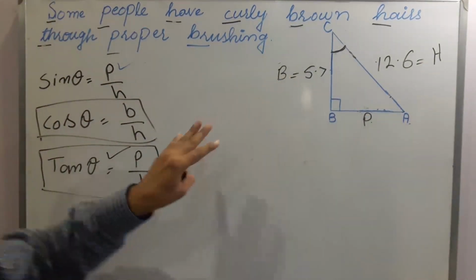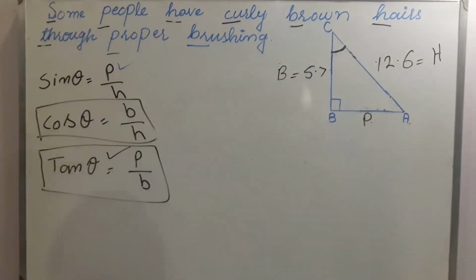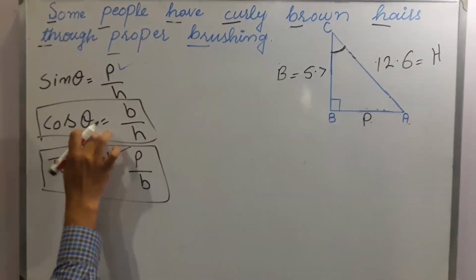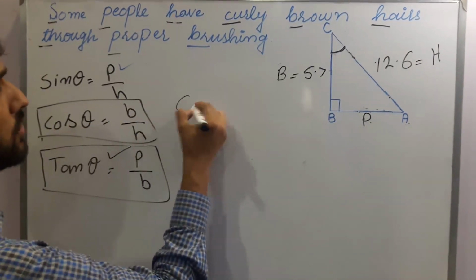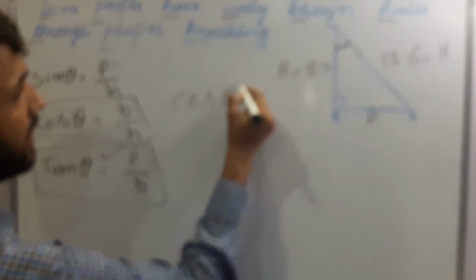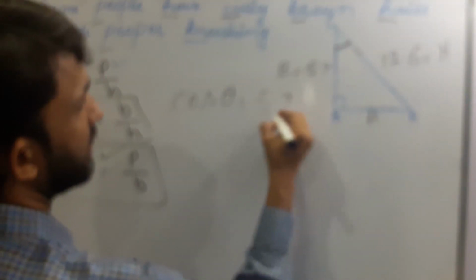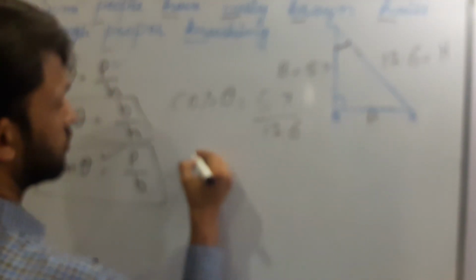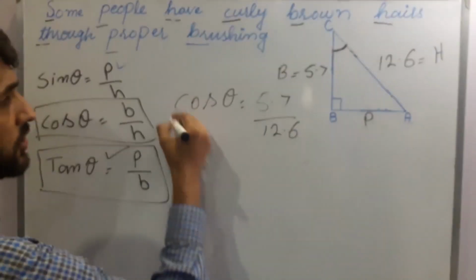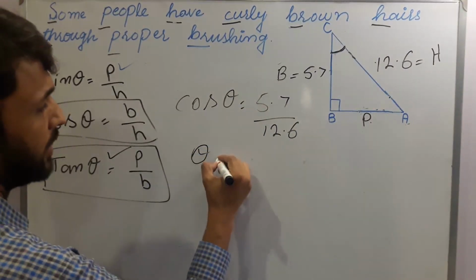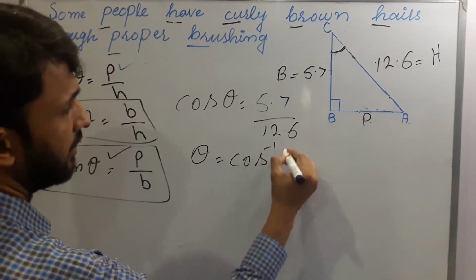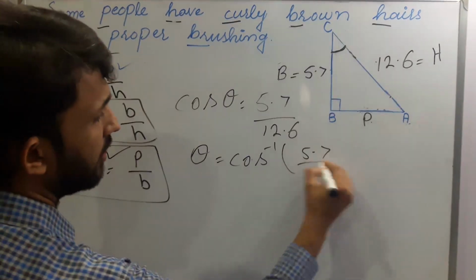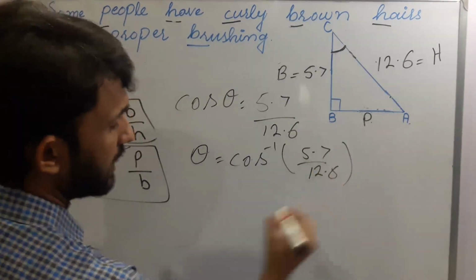First we have to decide which formula will be used. Base and hypotenuse is used in cos theta, so we have to find cos theta, we have to find theta. Cos theta is base over hypotenuse, 5.7 over hypotenuse 12.6. So cos will be shifted to the other side, so theta will be equal to cos inverse of 5.7 over 12.6.